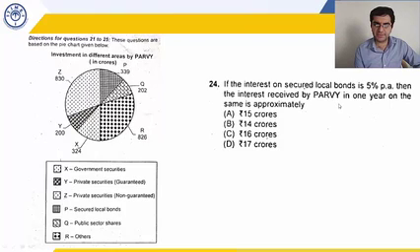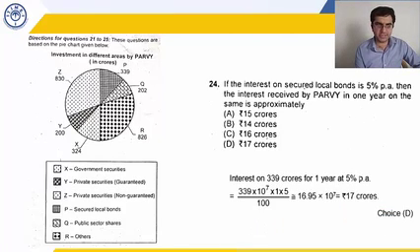Then the interest received by Parvi in 1 year on the same is how much? So secured local bonds is P. P is 339 crores and interest is 5%. So interest will be 5% of 339 crores. So you get 339 crores, which is into 10 power 7 into 5%, that's 5 by 100, that is approximately 16.95 crores, which is 17 crores.